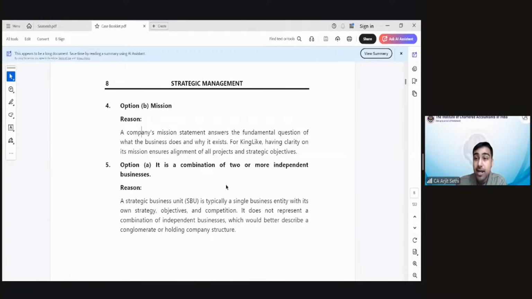And option 5, SBU's characteristic is not a combination of 2 or more independent businesses. It is itself one single independent business. People who got all the answers right, wonderful. You're on the right track. This was a simple case scenario.